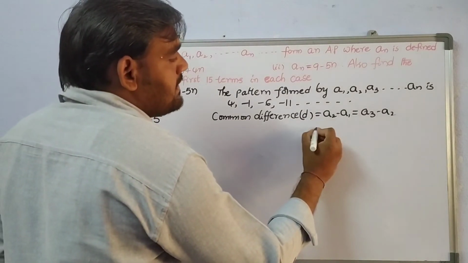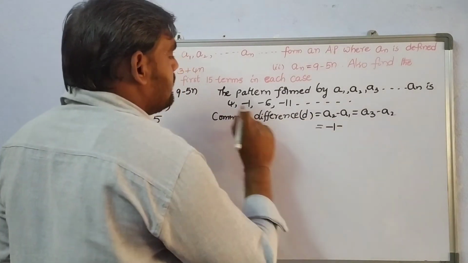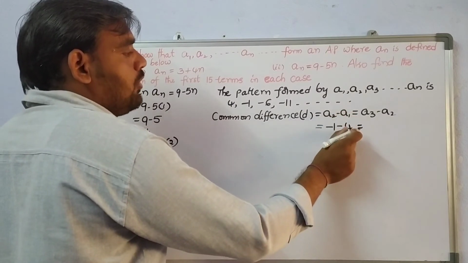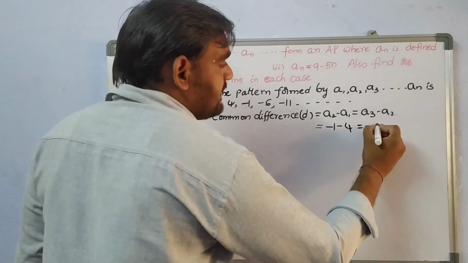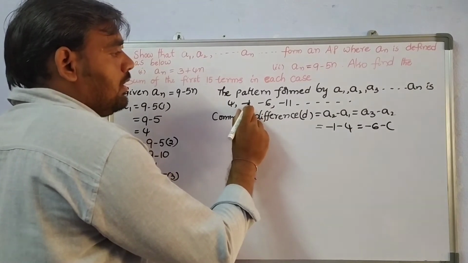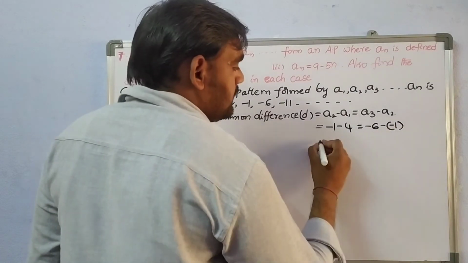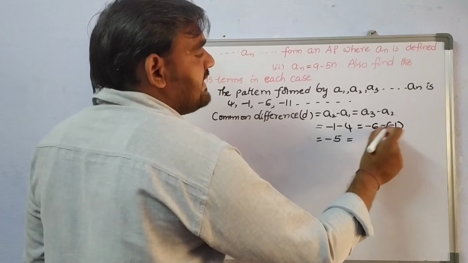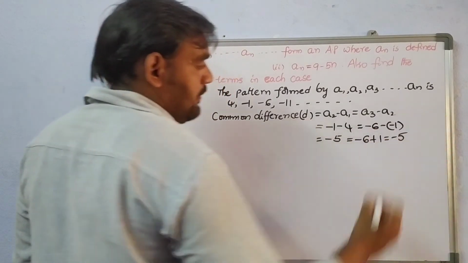Now its value: A2 means minus 1, A1 means 4. So minus 1 minus 4 is equal to minus 5. A3 value is minus 6 minus A2, that is minus 1, so minus 6 plus 1. So here also we will get minus 5 only.